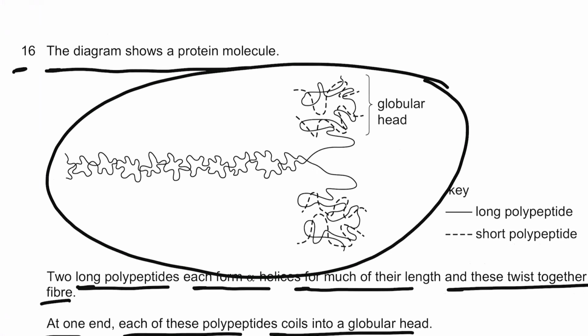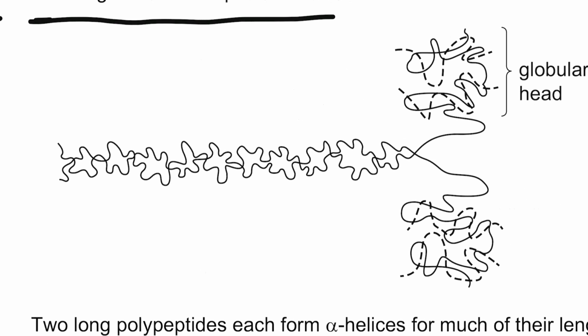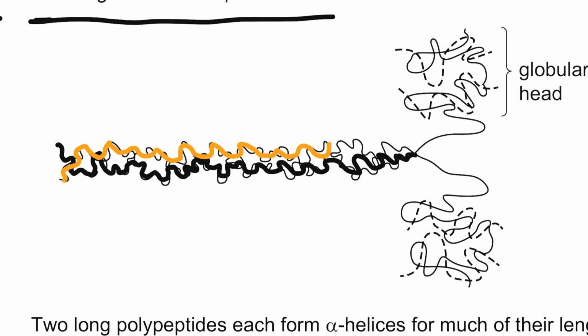There are 2 chains forming alpha helices, and these chains are intermingling, being associated, right? Then each chain forms a ball-shaped globular head.